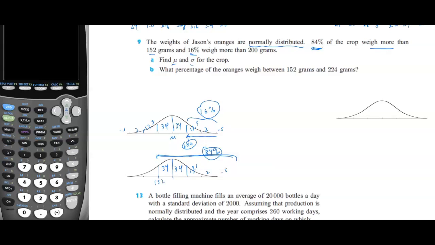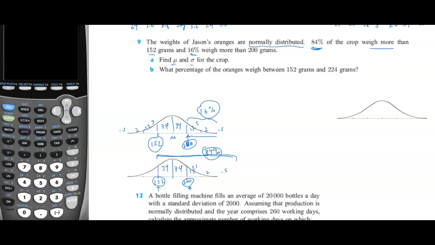So now we have some information here. We know that this point here is 152. We know that this point here is 200. From this, can we figure out what the mean is? Pretty easily, because if one standard deviation to the left is 152 and one standard deviation to the right is 200, then there's a number exactly in the middle of 152 and 200, which has to be the mean.